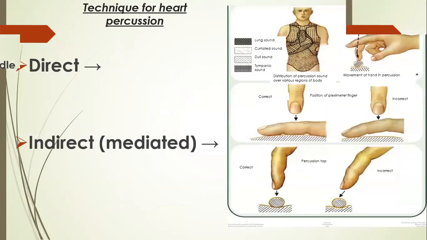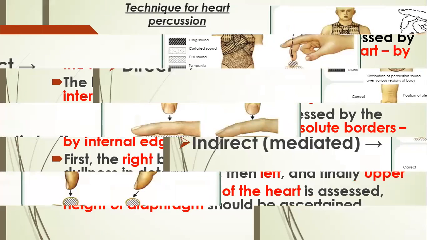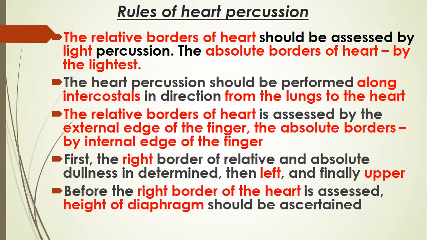On this slide, you can see how to do direct and indirect percussion. There are several rules of heart percussion. First, the relative borders of the heart should be assessed by light percussion. The heart percussion should be performed along the intercostal spaces in the direction from the lungs to the heart.